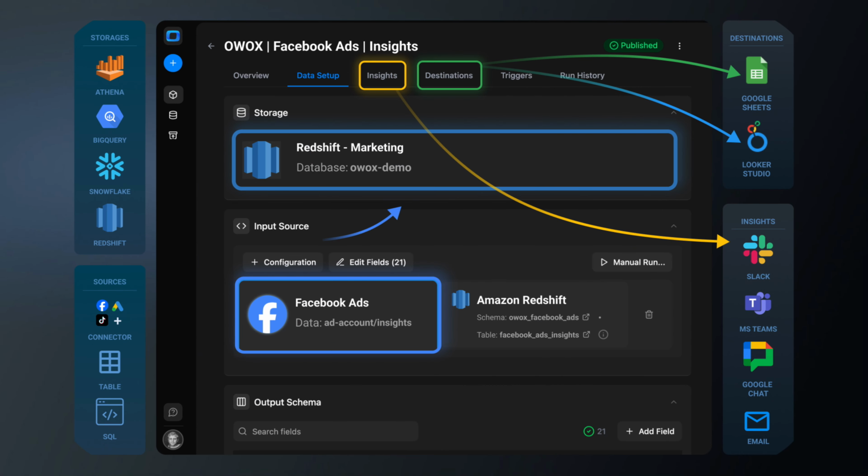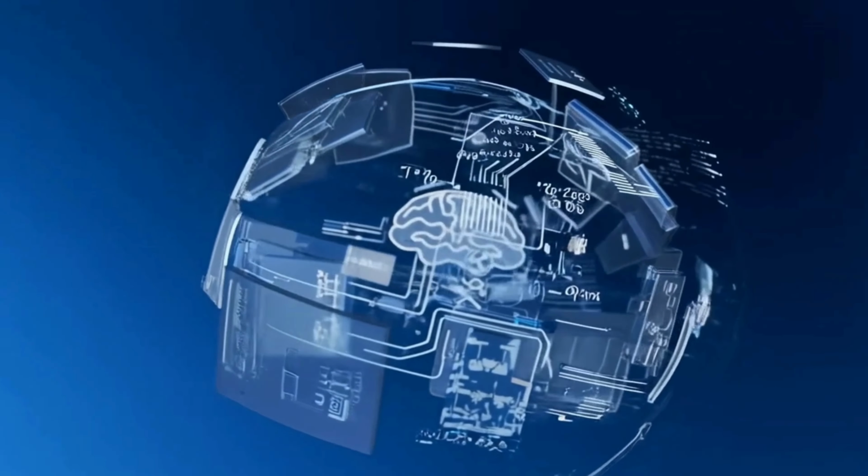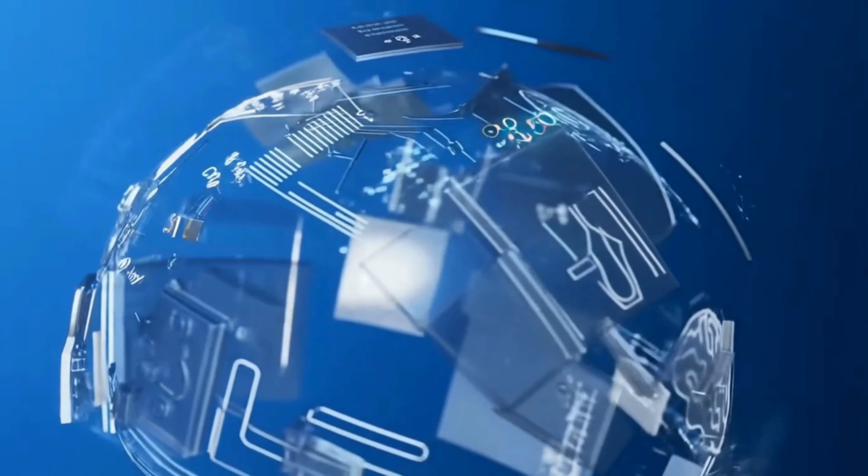Here is the architecture of OWOX Data Marts. Facebook ads is the source. Redshift is the data storage, not just a destination. OWOX Data Mart sits right in between, not as a black box connectivity tool, but as a place where all the logic, all the settings are defined and then reused. But not only for connectors, for the entire analytics and reporting.